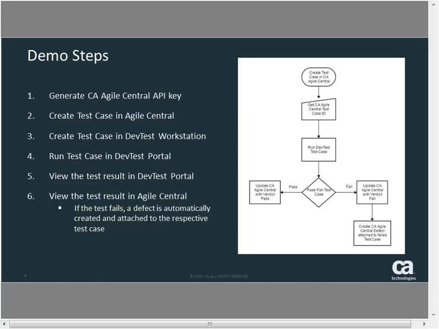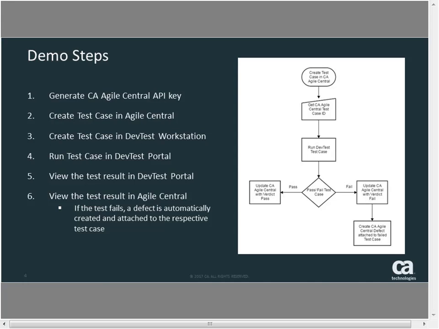If you're familiar with Agile Central or Rally, as it was previously called, you should be familiar with the concept of a project and user stories, test cases, defects, et cetera. They can all be linked together. So we link any defects to a user story and test cases to a user story. That's our main object.